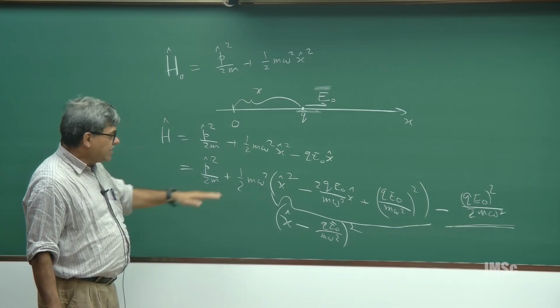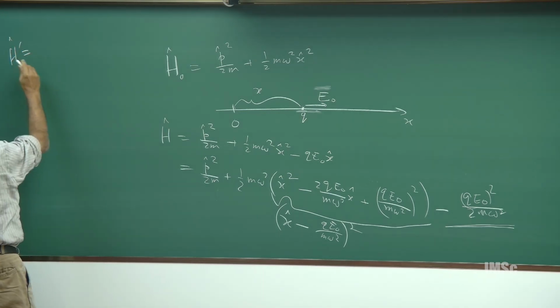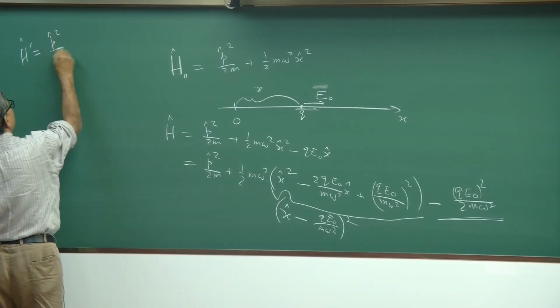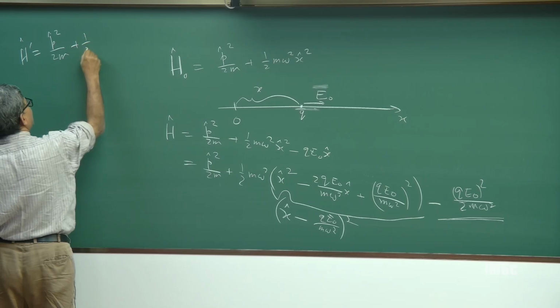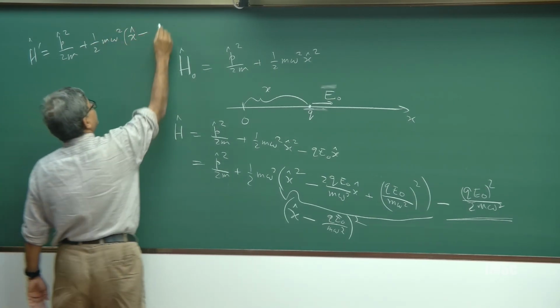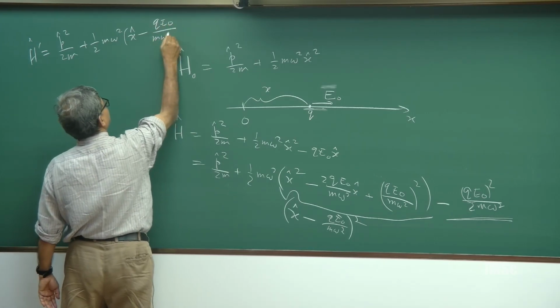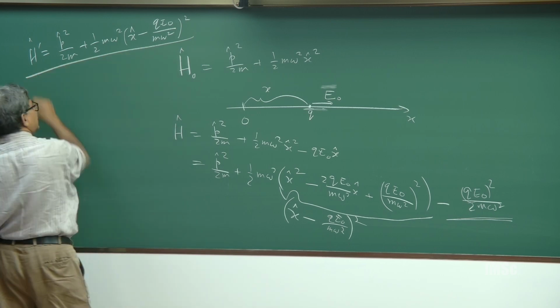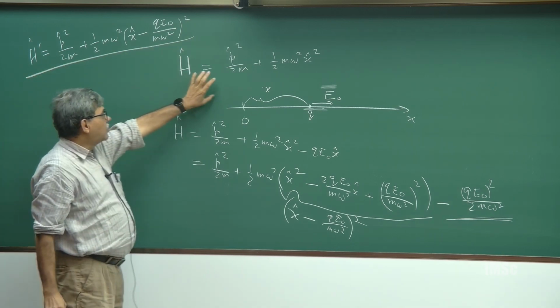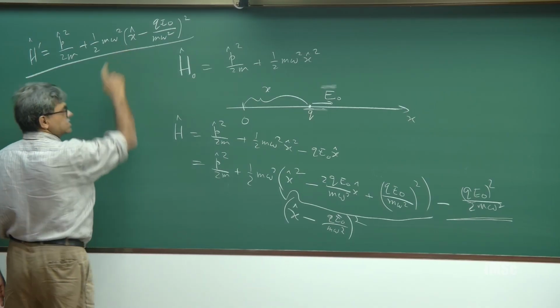Then if I look at this Hamiltonian H prime, which is p square by twice m plus half m omega square x minus q E naught by m omega square whole square. So, this is like the original harmonic oscillator Hamiltonian, but with a shift in origin.